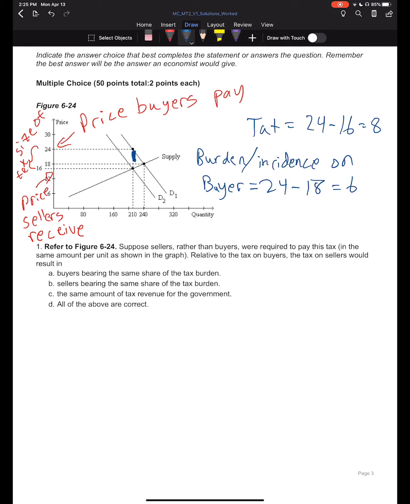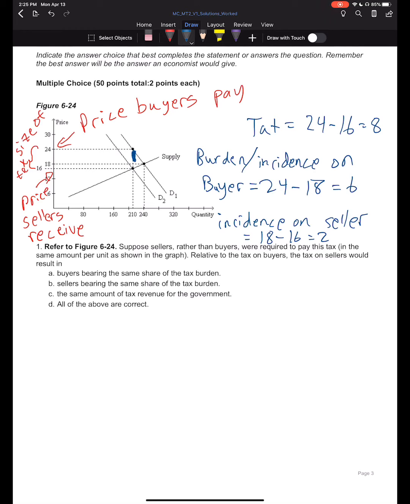The incidence on the seller is going to be equal to the difference between 18 and 16, so the original price in the market minus the price they now get, so it's 18 minus 16, which equals 2.